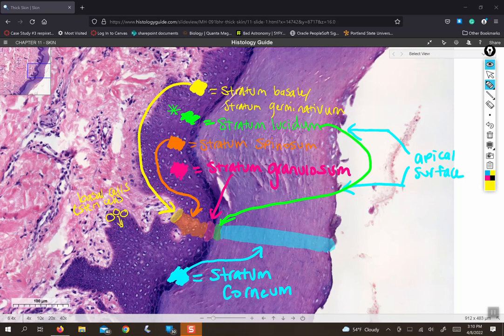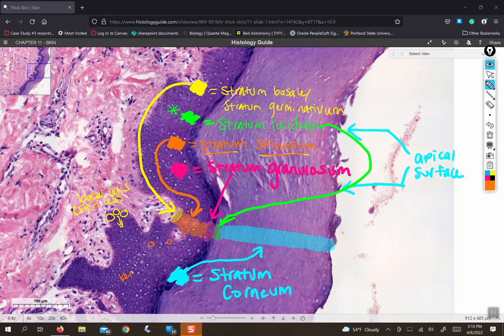And then in the stratum spinosum, keratinocytes undergo lots and lots of mitosis, and you can even see some of that. So like this cell looks like it's undergoing mitosis, and probably this one as well. In fact, that one looks like it's in telophase.